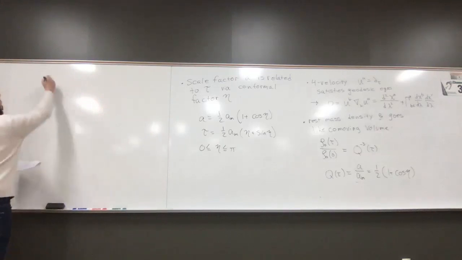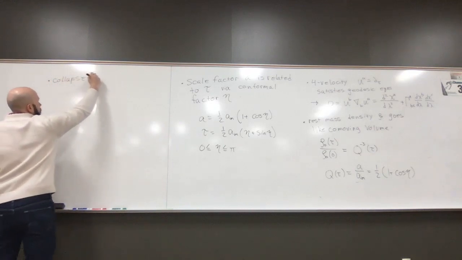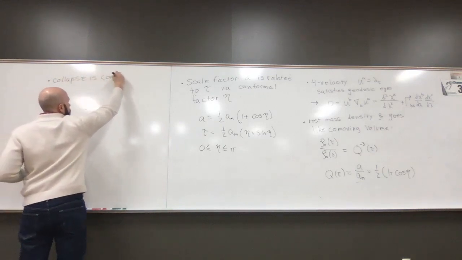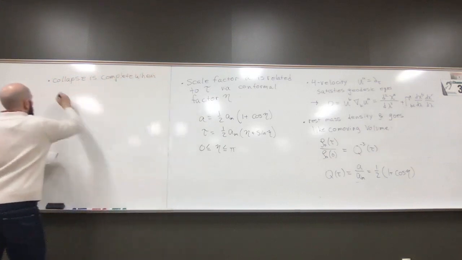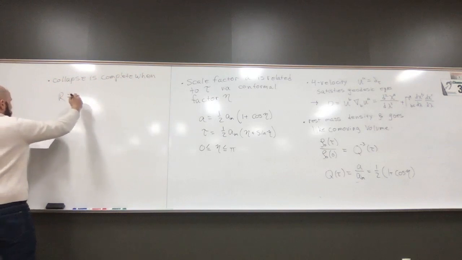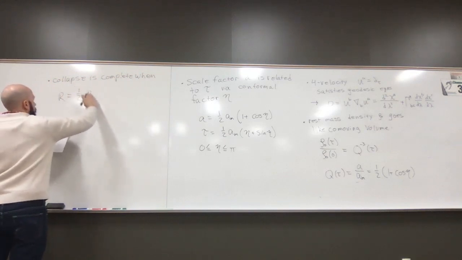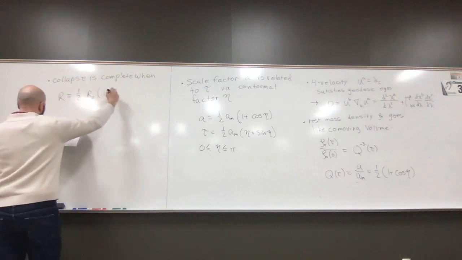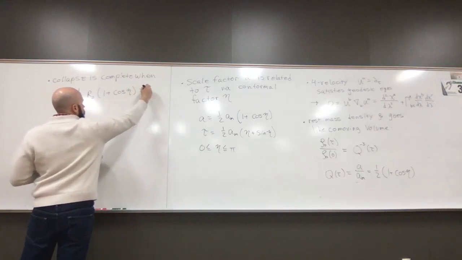Okay. So collapse is complete when the radius of our surface, 1/2 R naught times 1 plus cosine of eta, is equal to 0.